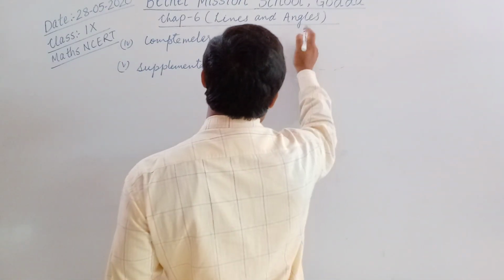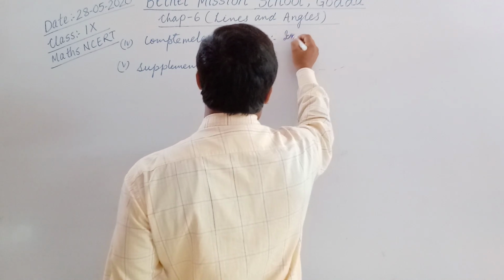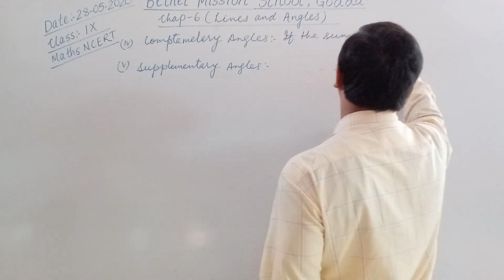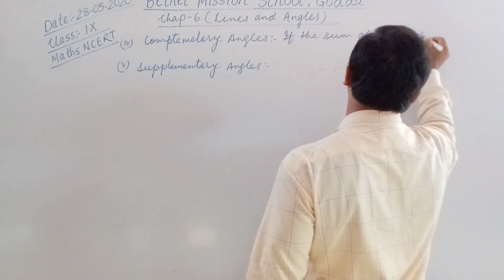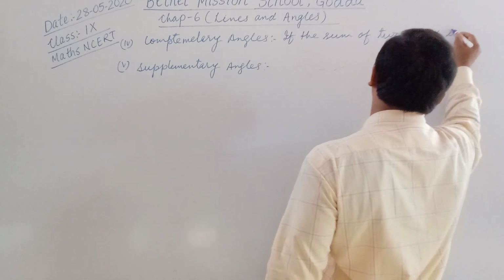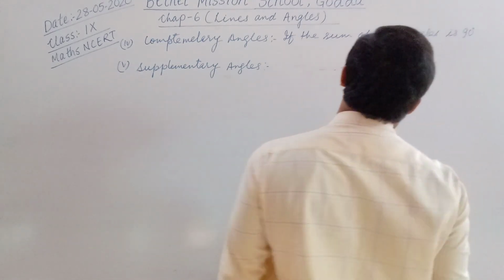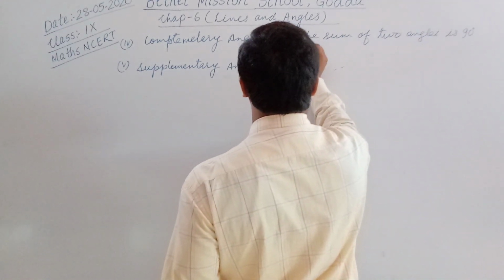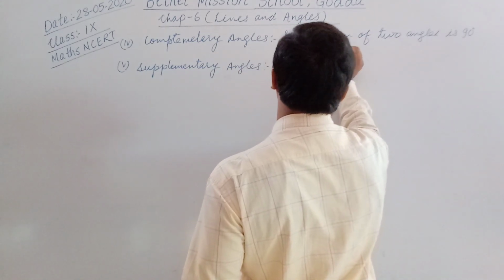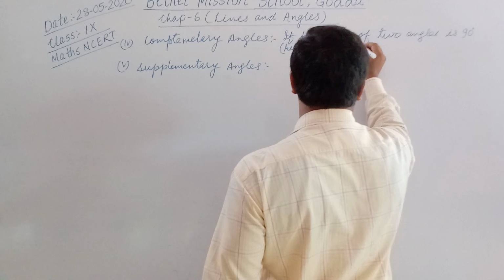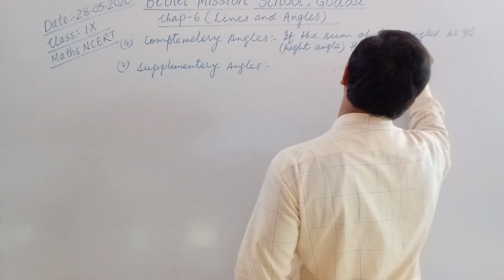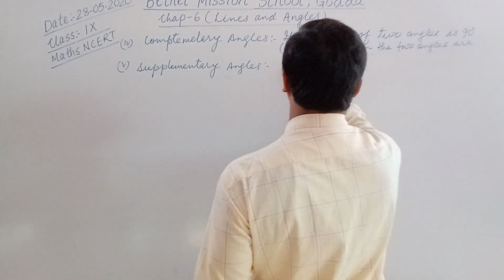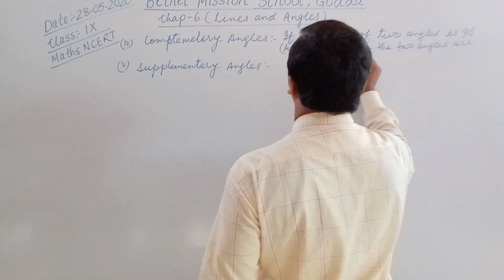Complementary angles means if the sum of two angles is 90 degree, means a right angle, then the two angles are called complementary angles.